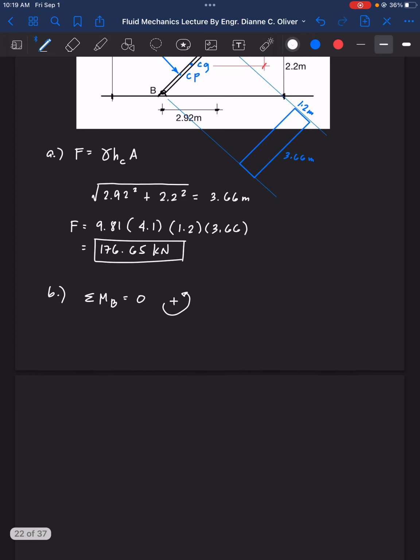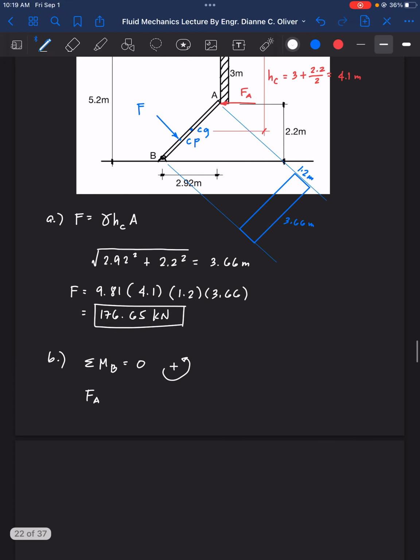So that is FA times 2.2 minus F multiplied with Y, where Y is from the bottom up to the center of pressure. Force times Y is equal to 0.